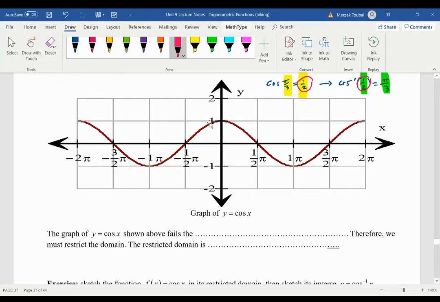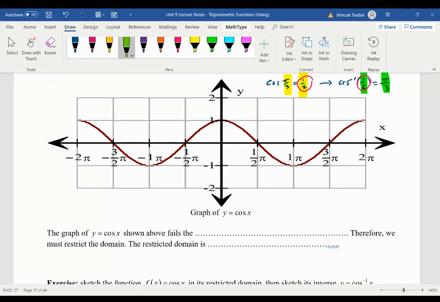Now, the graph of cosine also fails the horizontal line test, and the solution to this issue is to put a restriction on the domain. This time the restriction on the domain will be from 0 to pi, because from 0 to pi we include all the function values between -1 and 1.